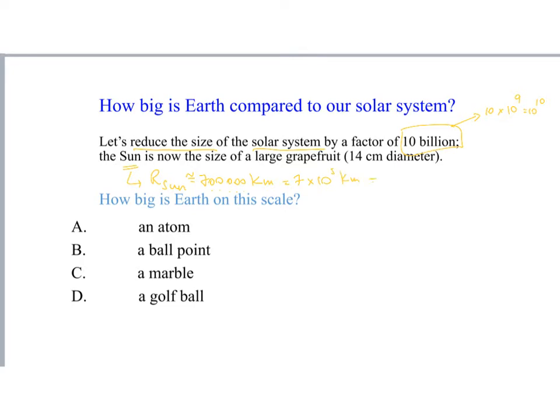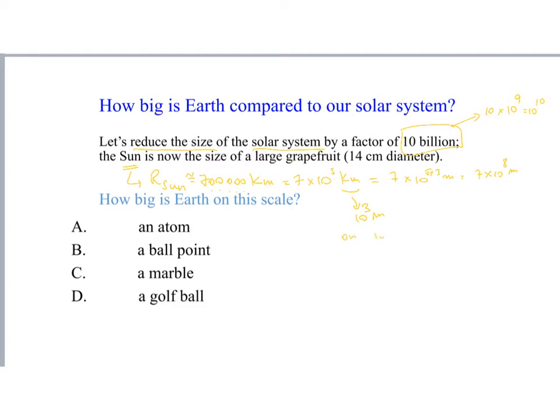It might be useful to actually write it in meters as well, right? So 1 kilometer is 10 to the 3 meters. So the whole radius of the sun is going to be 7 times 10 to the 5 plus 3 meters, or 7 times 10 to the 8 meters.